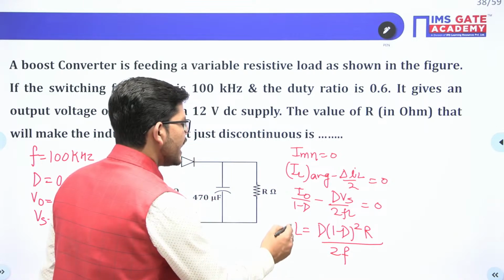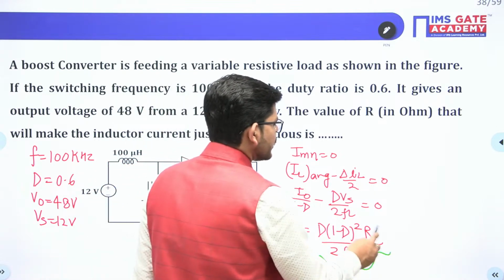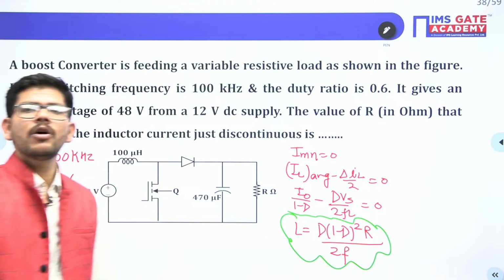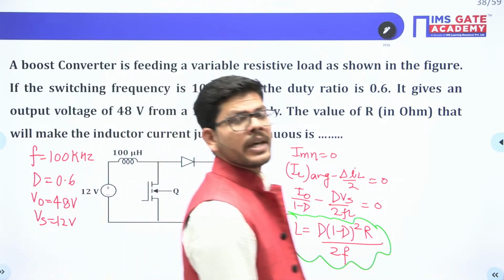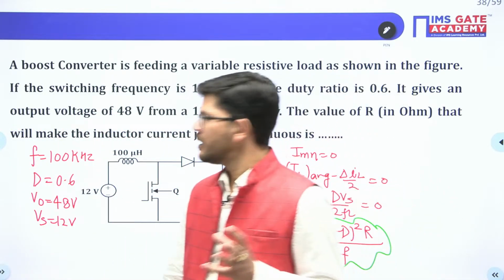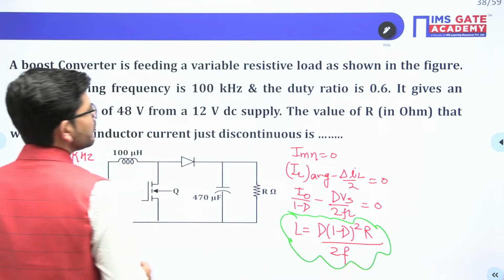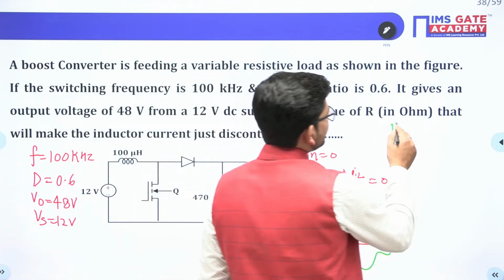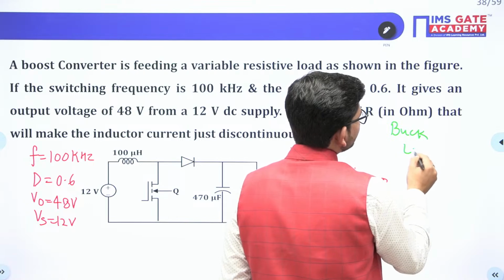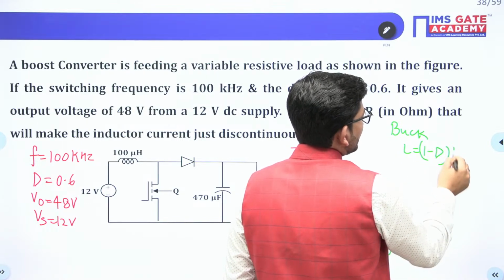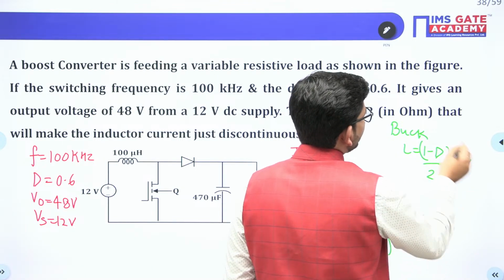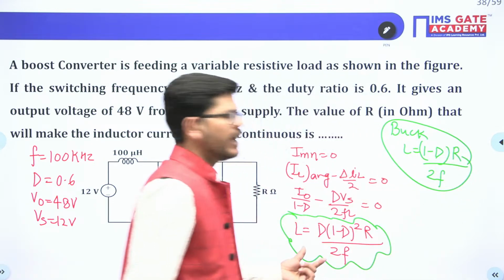That will be the value of inductance. In case of a buck converter, we have the formula L equals (1 minus D) R by 2F. In case of a boost converter we have this formula.